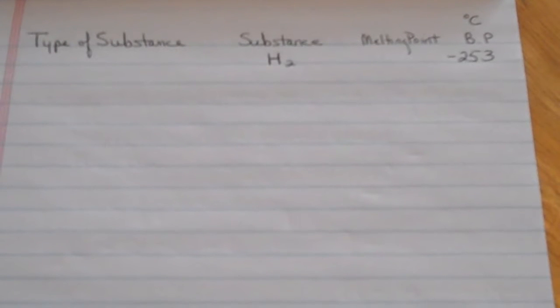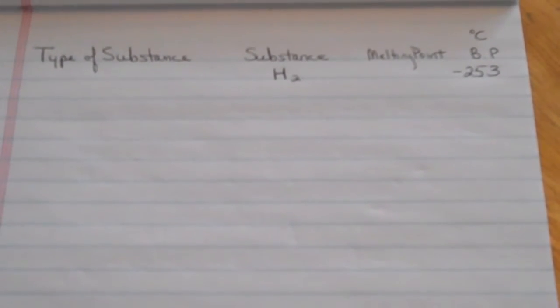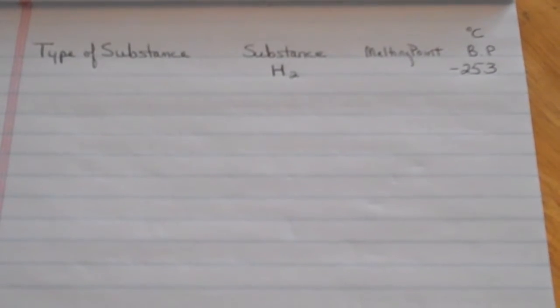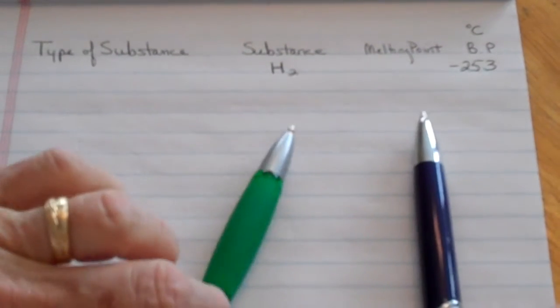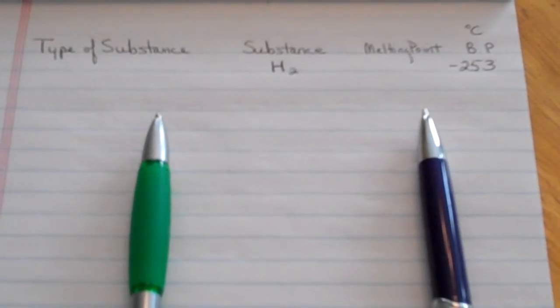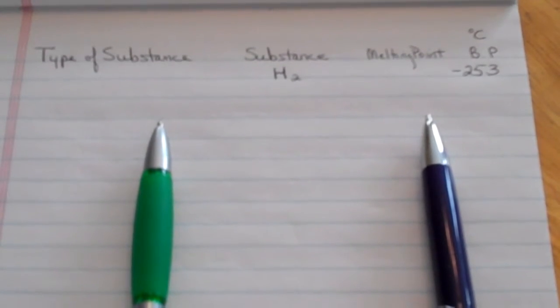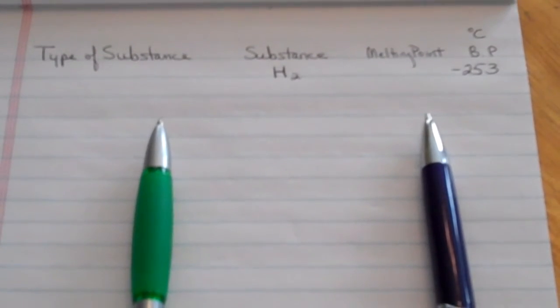Now, what does that mean? It means that if I have two hydrogen molecules, we'll just use these 2 pens as an example. If these 2 hydrogen molecules were ideal gases, there are no forces of attraction and repulsion between them.